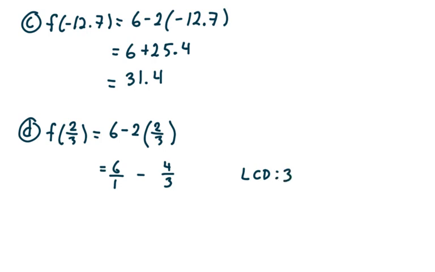And so I've got to take the first number and rewrite it with a 3 in the denominator. And so this is 18 divided by 3 minus 4/3. And so the correct answer here is 14/3. And that's how we do example 1.